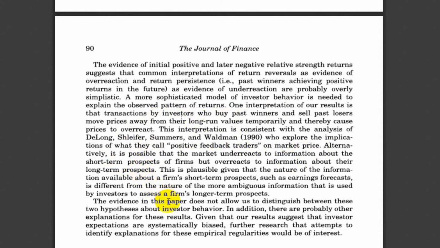And so the authors note that the evidence they gather doesn't allow them to distinguish between those two hypotheses. But they note that the results suggest that investor expectations are systematically biased, and that further research that attempts to identify explanations for these empirical regularities would be of interest.